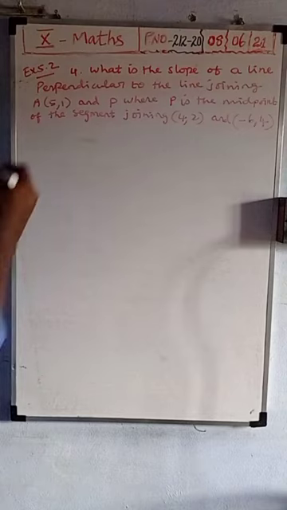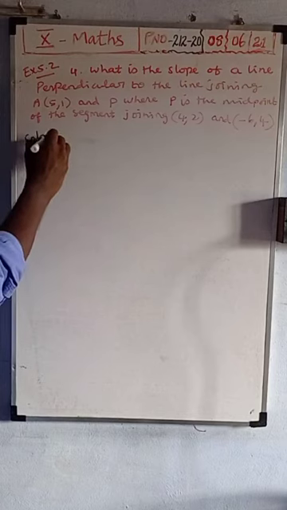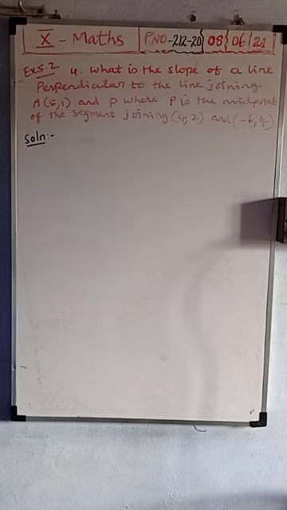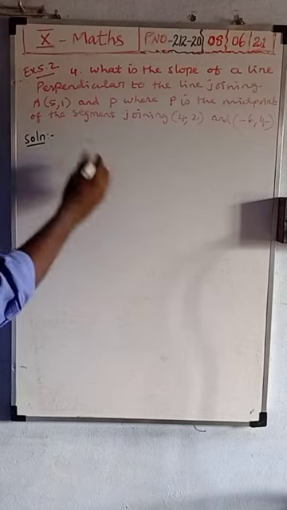While drawing the diagram you will understand. See the solution. First, we want to find the slope of the perpendicular line, which is perpendicular to the line joining the points A and B.